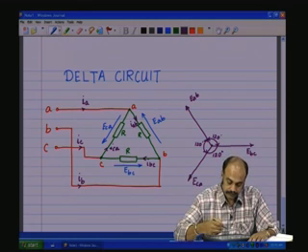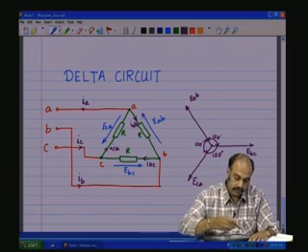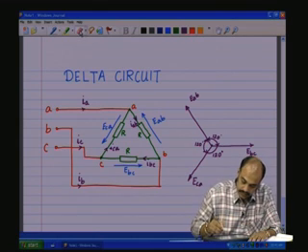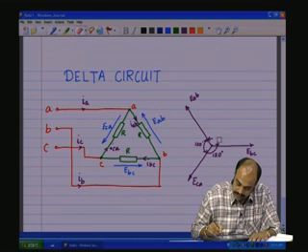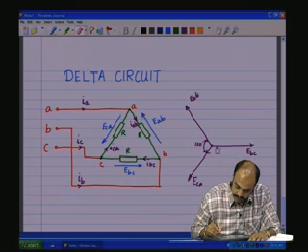Now, all are resistive loads. So, as all are resistive loads, the currents will be in phase with the voltages, the respective phase voltages.